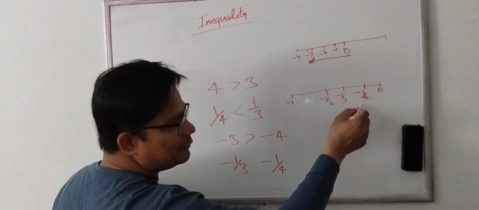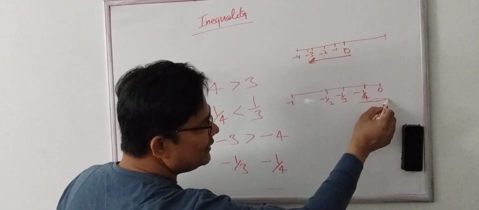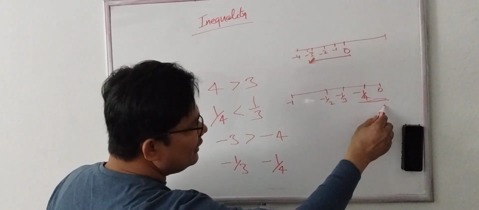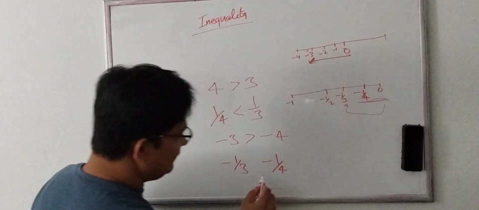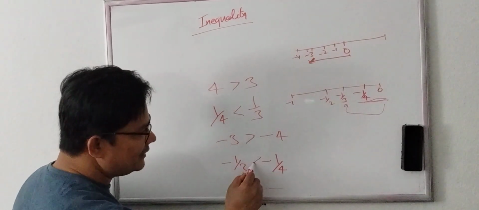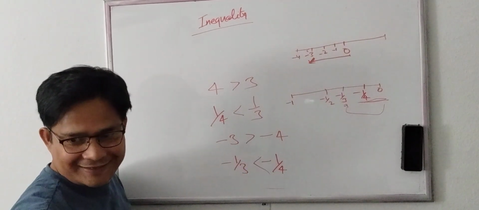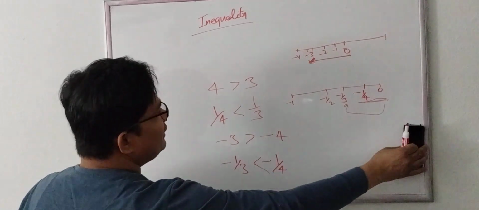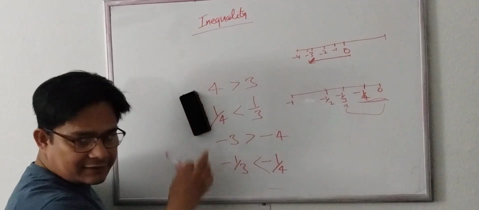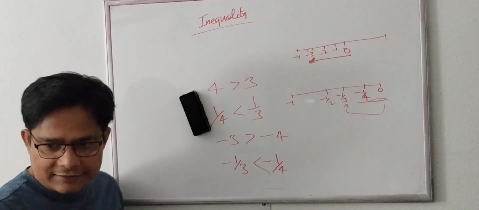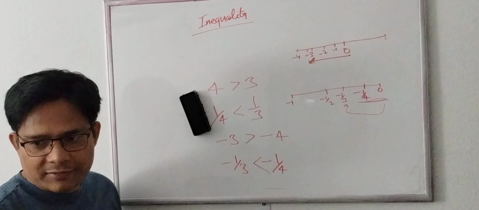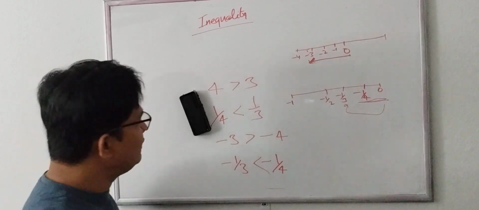The number which is close to 0. -1 by 4 is close to 0, not -3. So what happened? The relationship changed. Correct? So remember, for the inverse, the relationship will change. It doesn't matter positive or negative number.